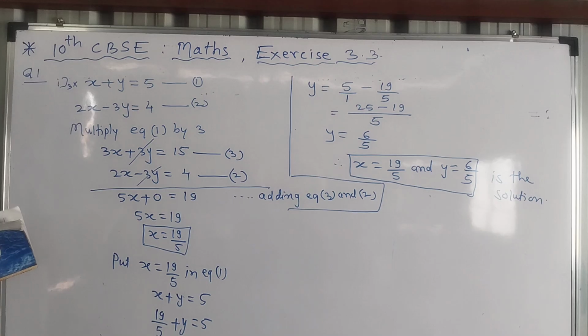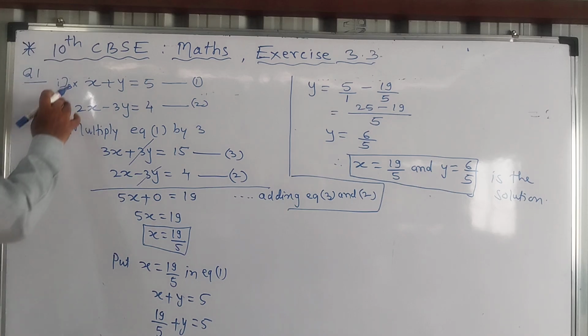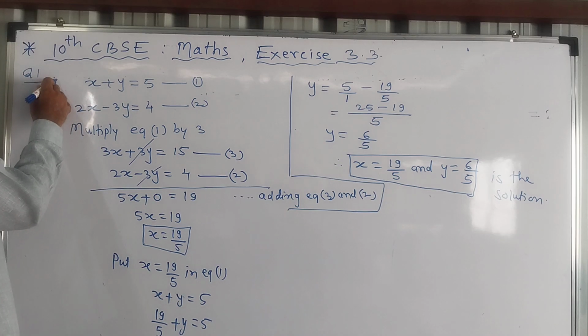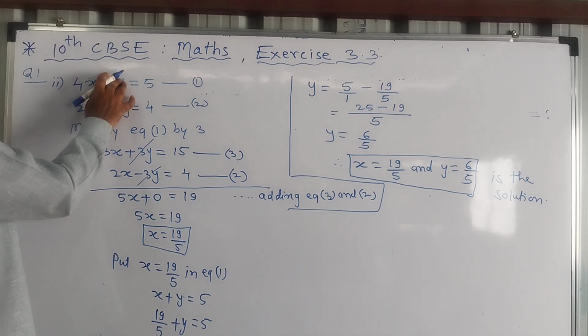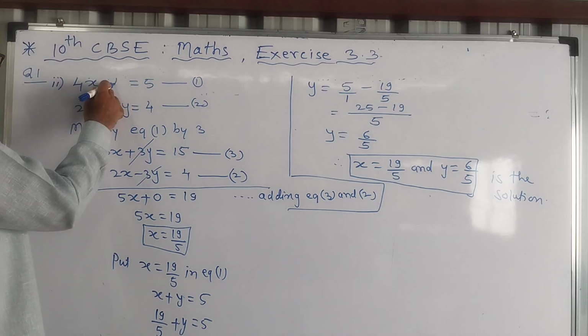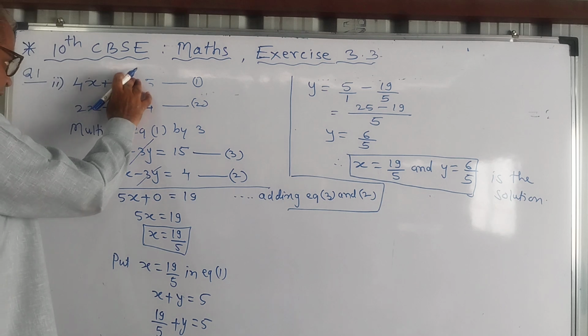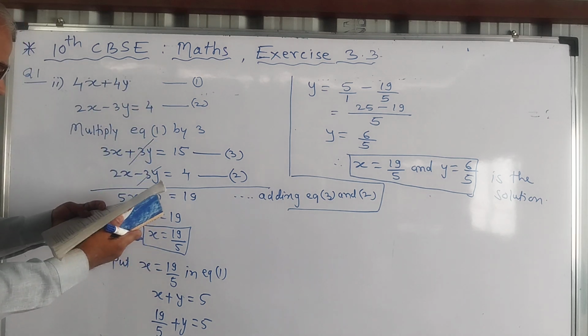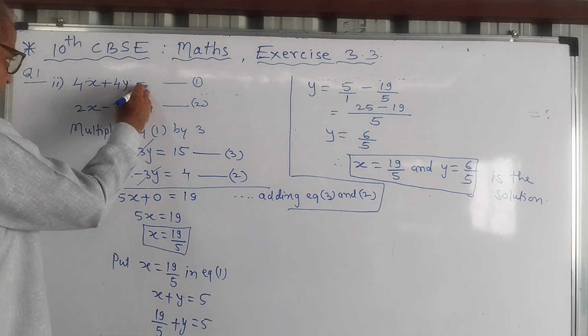Now we will solve sub question number 2. 4x plus 4y is equals to 10.